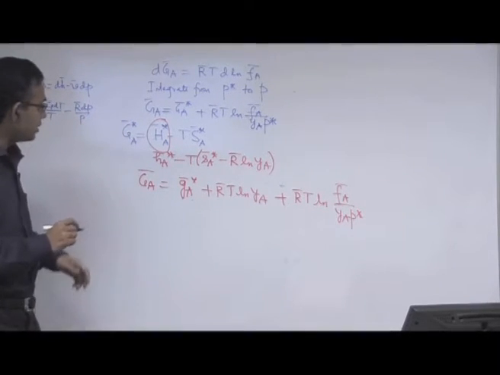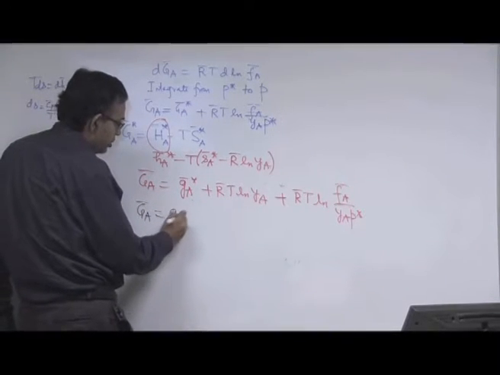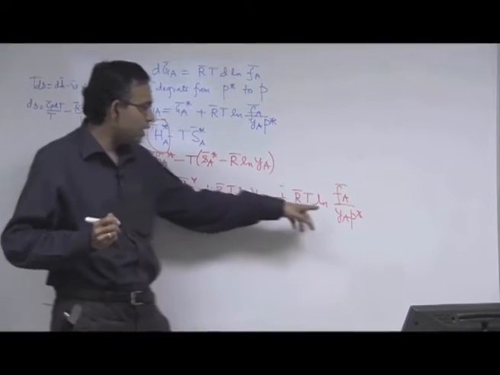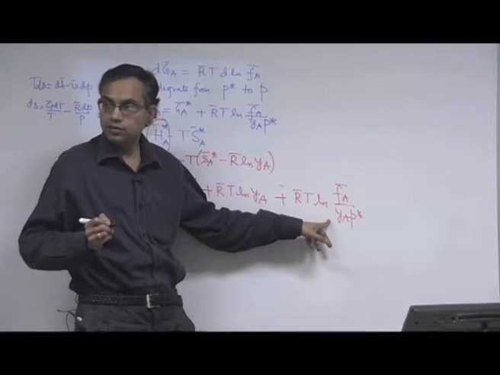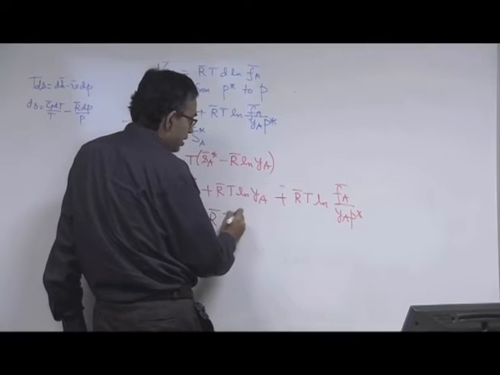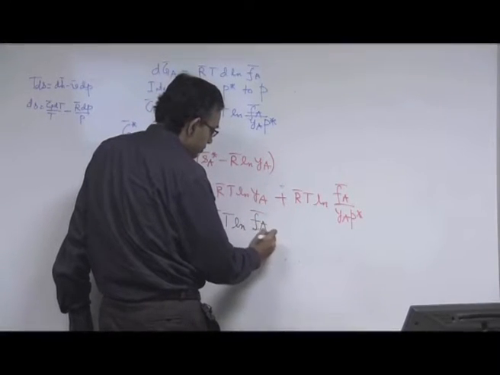So we can write GA is equal to GA star plus, now RT ln Ya gets cancelled, so you have RT ln F bar A by P star.